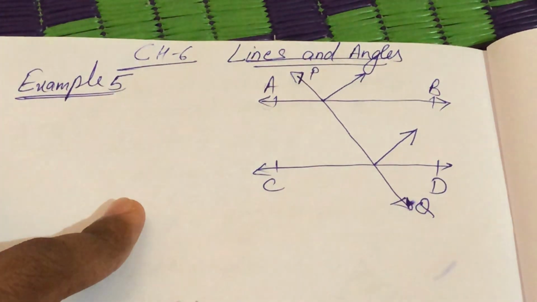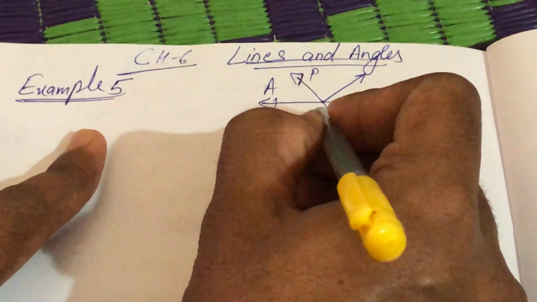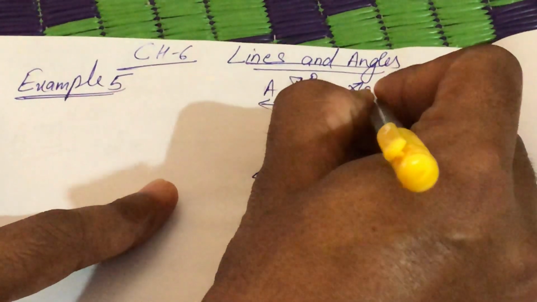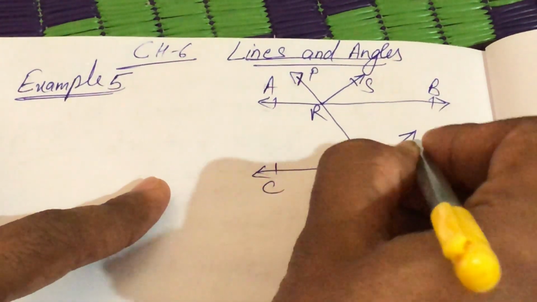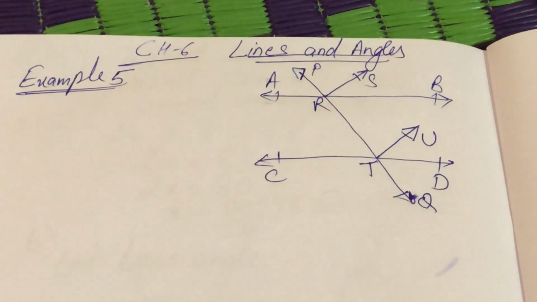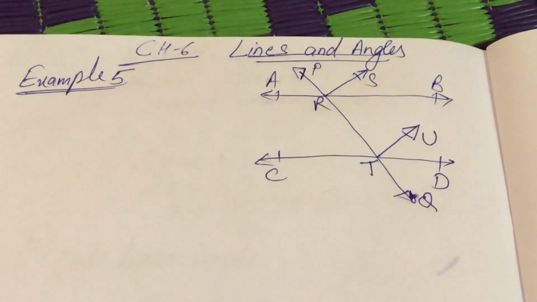These are the bisectors. I'll name them RS and TU. The question is really important, so try to watch very clearly what we are doing.